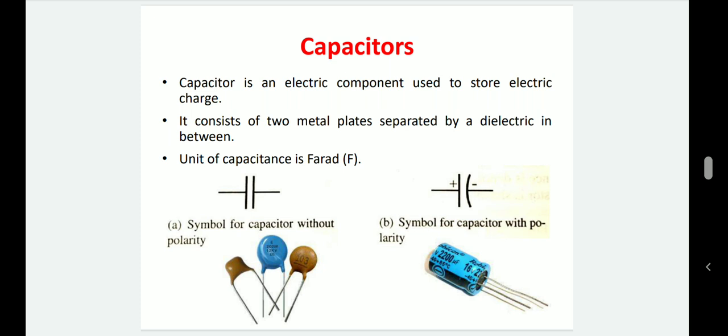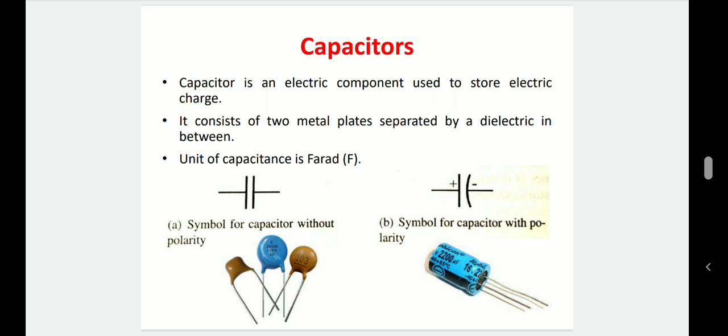Then a capacitor has two metallic plates, and they are separated by an insulating material called dielectric. So two plates separated by a dielectric give a capacitor.